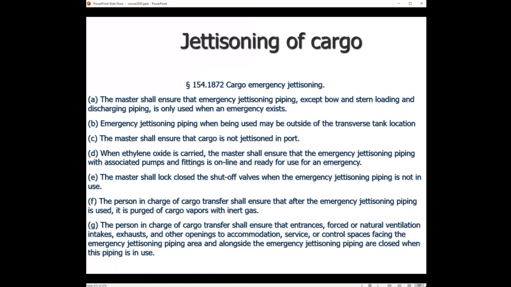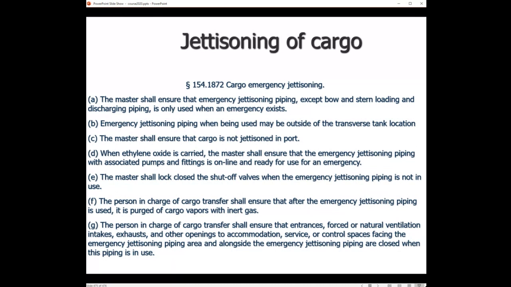In case you have, for example, liquid on deck because you have an overflow of one of the tanks, because you have a stability problem, because you have a damaged vessel, and so on. In that case, the captain can decide for the safety of the ship and its crew to do the jettisoning of the cargo.